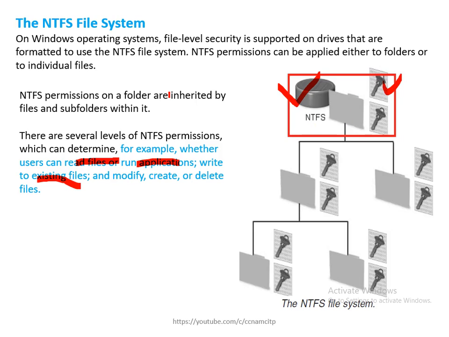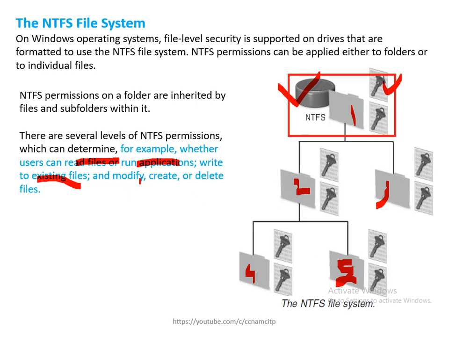And as I told you, it is inherited. So if I apply any permission to this parent, the same will be applied to the child folder also, or the rest of the files we have. For example, this is 1, this is 2, this is 3, this is 4, this is 5. So we have this kind of inheritance here, but we can change it if required.